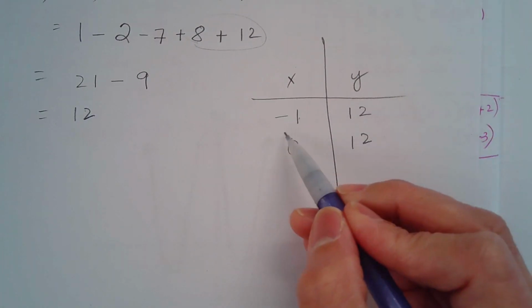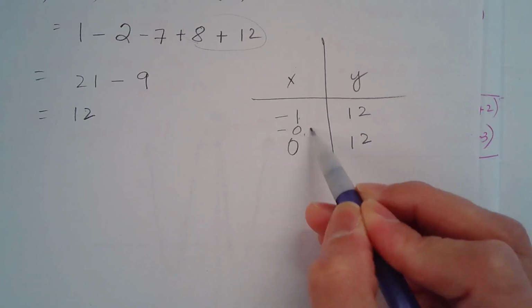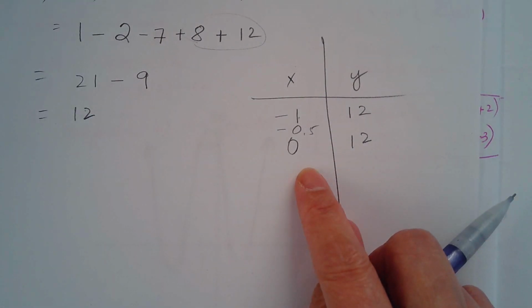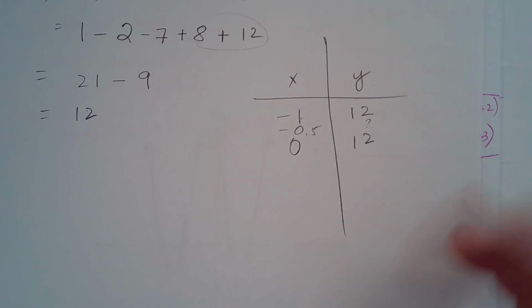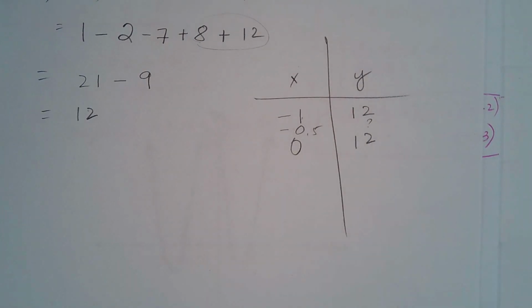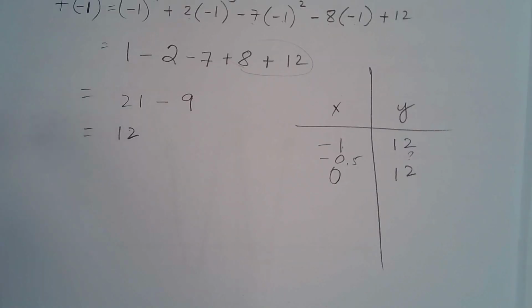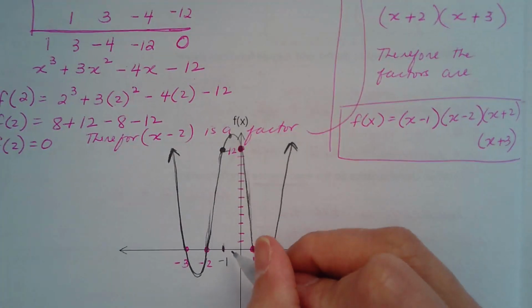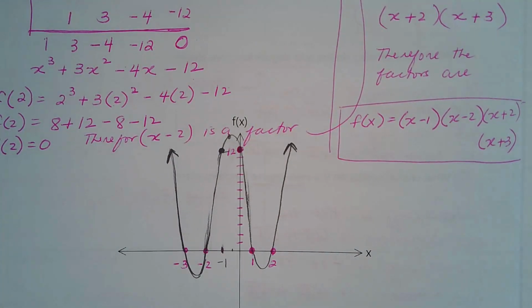Well, what happens if it's -0.5? What would happen if it's -0.5? What's the y? Let's figure it out. That's the reason why we're having this conversation. So let's see what happens when x is -0.5.